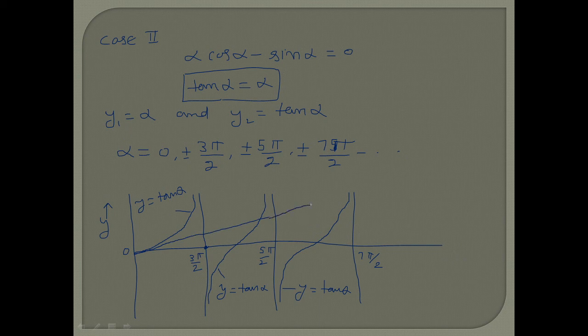This is the curve where y is equal to alpha. The points of intersection will give the values of the roots of the equation tan alpha equal to alpha.